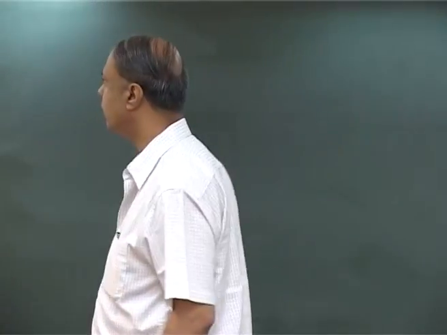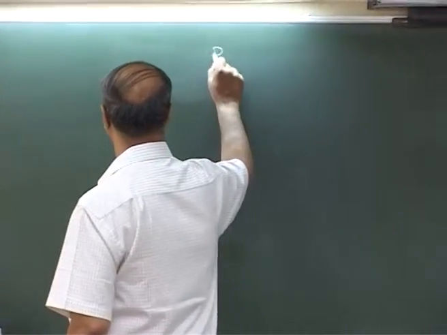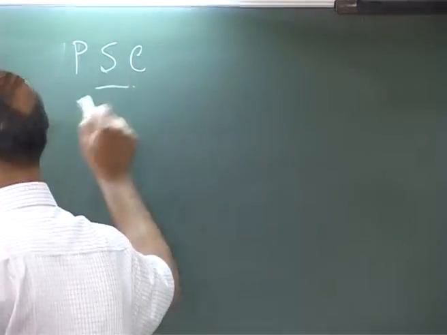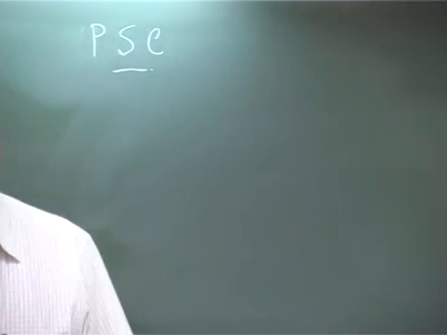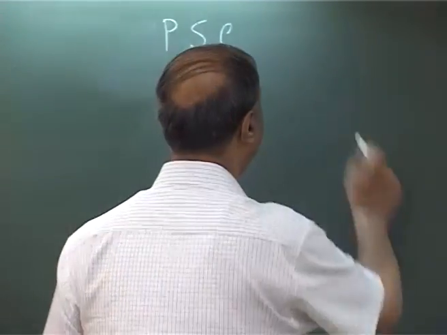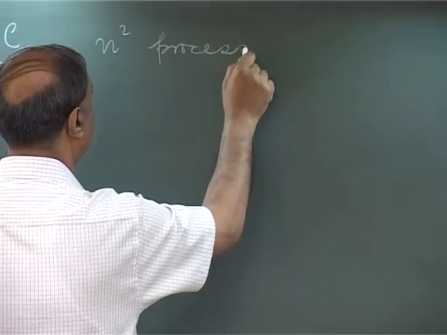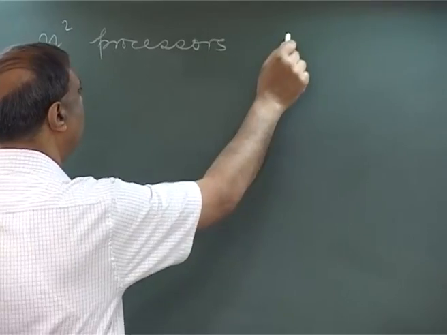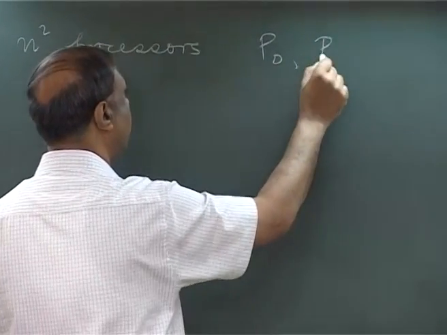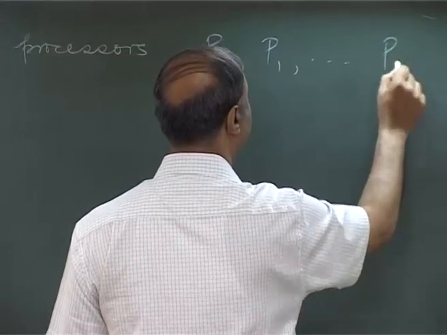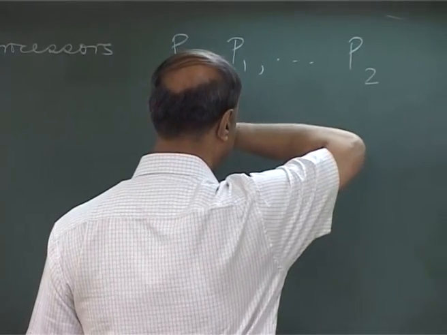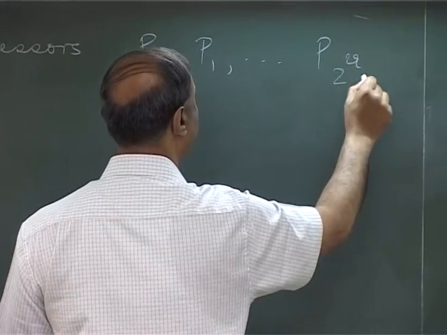Suppose you have a perfect shuffle computer and you have n square processors, P0, P1, P2 to the power 2q minus 1.